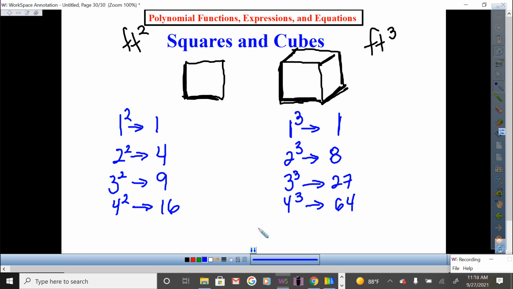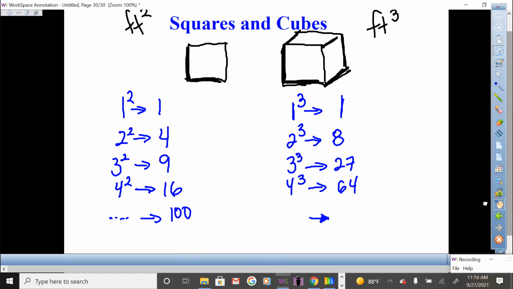Yes? How about a big number? A big number here. Let's see. Help me with that big number, Lewis. 100. What do you do to get that? 10 times 10. Okay. How about a big number over here? Brooke. Oh, you mean here? 5 cubed, okay.